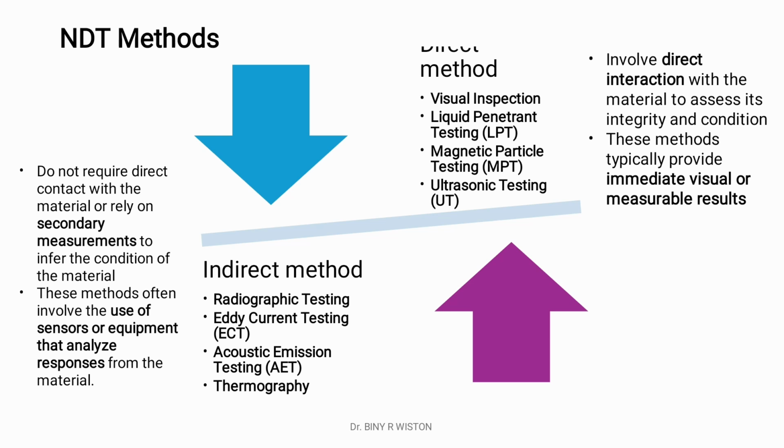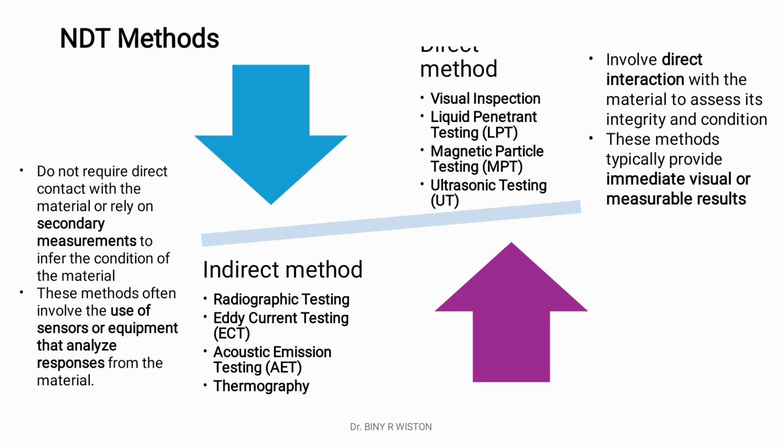NDT methods can be further classified into direct methods and indirect methods. Direct methods involve direct interaction with the material to assess its integrity and condition. Direct methods typically provide immediate visual or measurable results.